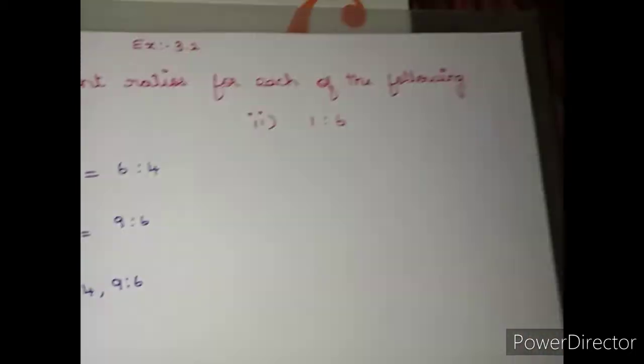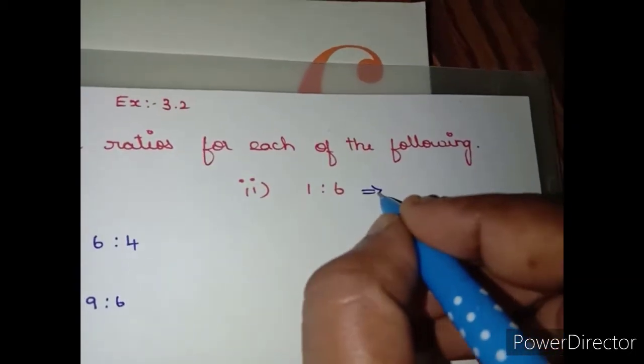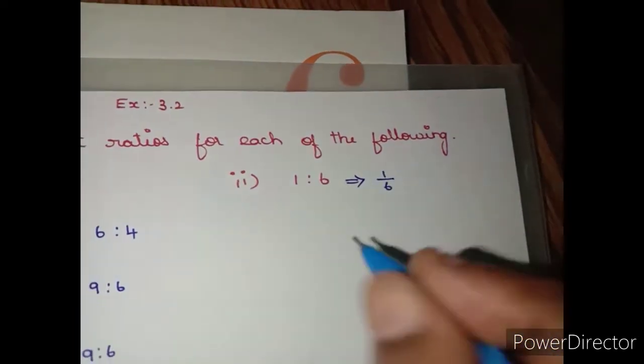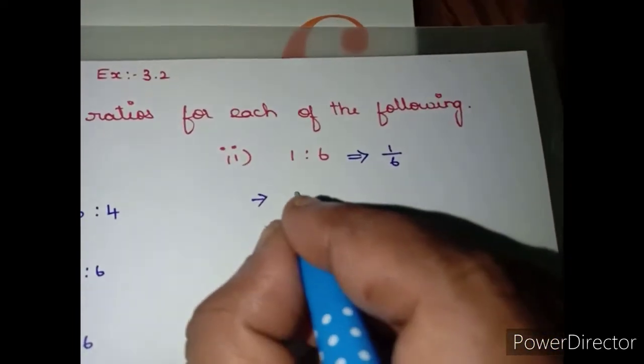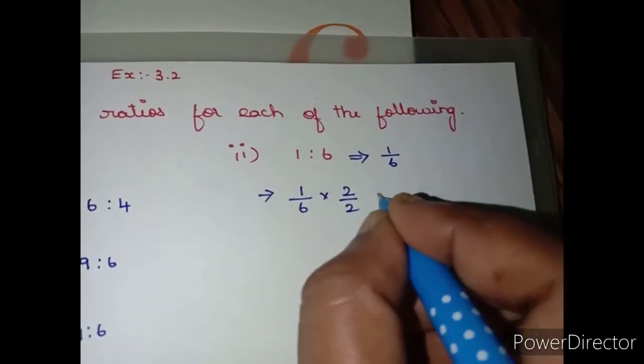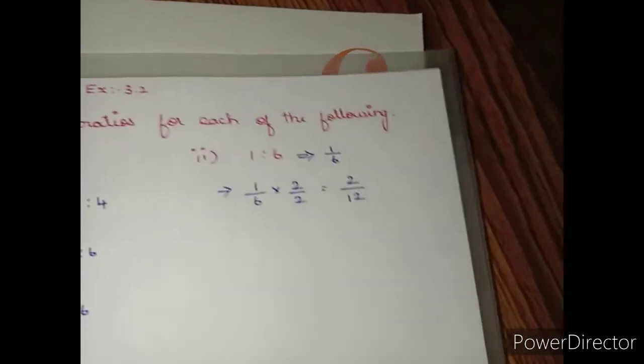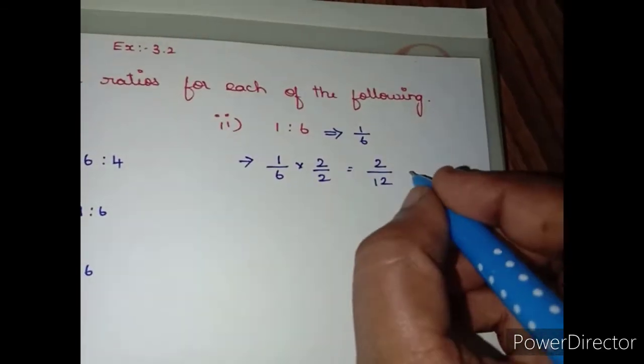The next question you see, 1:6. So, what is the first step? 1 by 6 into 2 by 2. 2 ones are 2, 2 6s are 12. So what is the ratio of this?